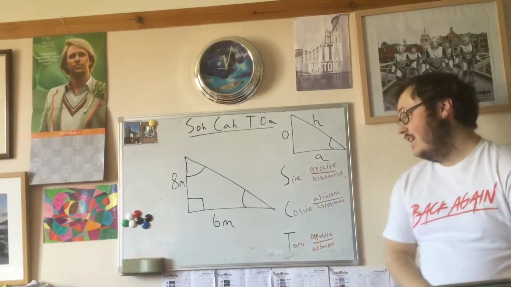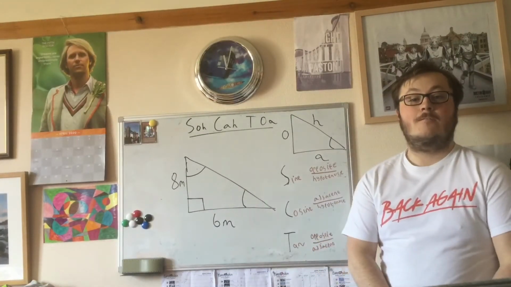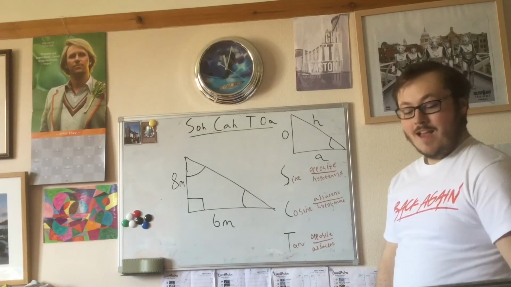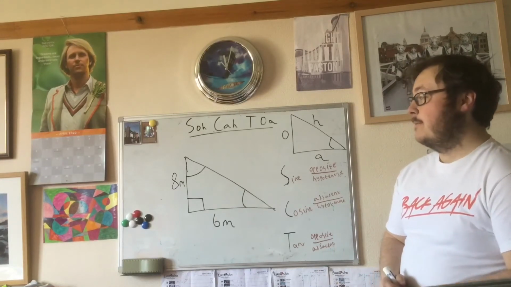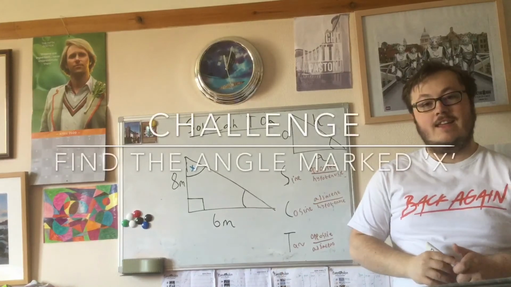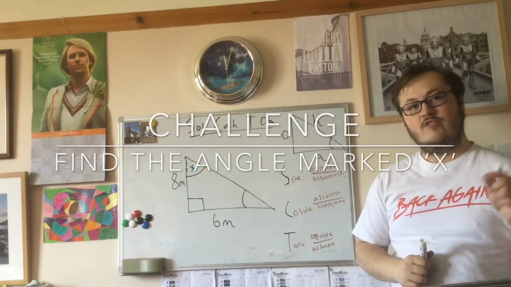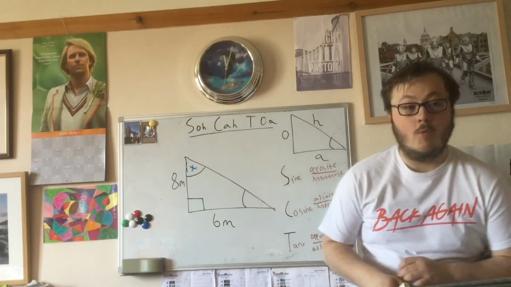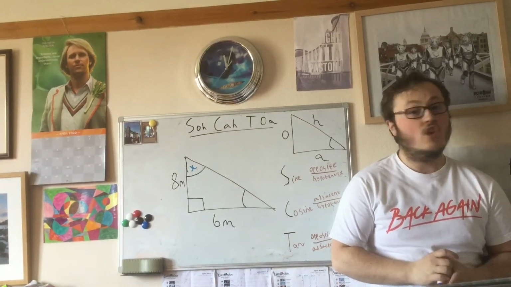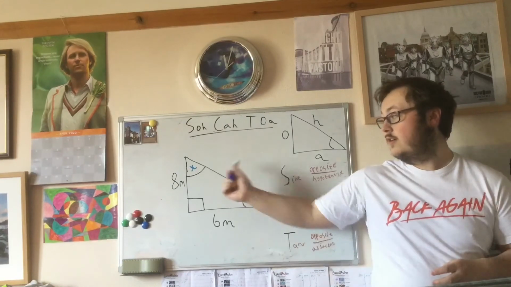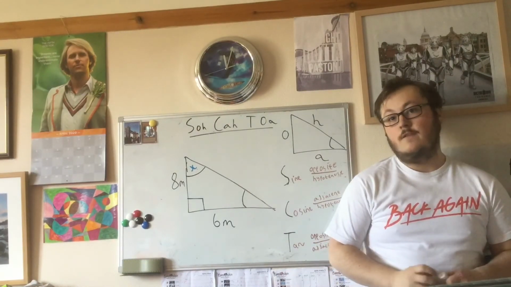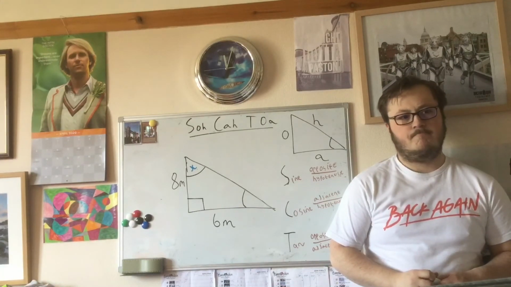So here is your challenge for tonight. I have a right angle triangle, and I want you to find for me this angle. How do we find it? I will admit there is some information that I have not given you in any of my videos that will help you work out this answer, but it is stuff you should have known since primary school.